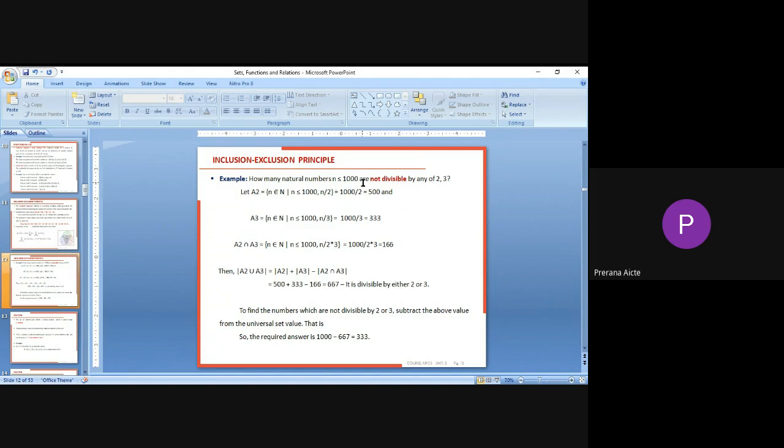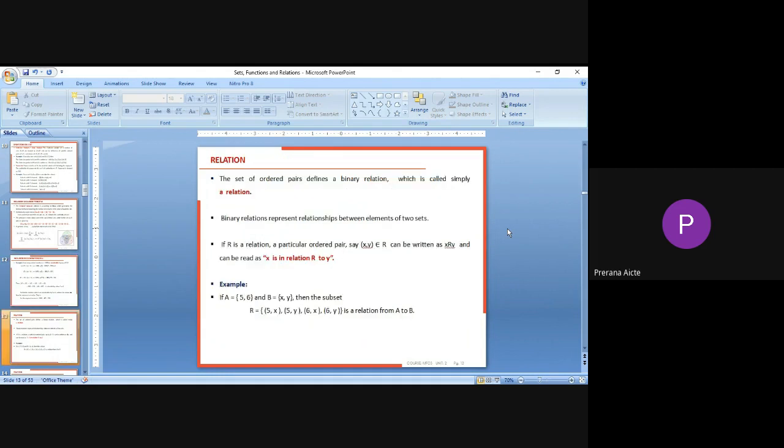But we need the numbers which are not divisible by 2 or 3. So if you subtract 667 from the total number of elements, we get 333. This is the total number of elements less than or equal to 1000 which are not divisible by 2 or 3. Like that, the inclusion and exclusion principle can be applied to mathematical problems like this.